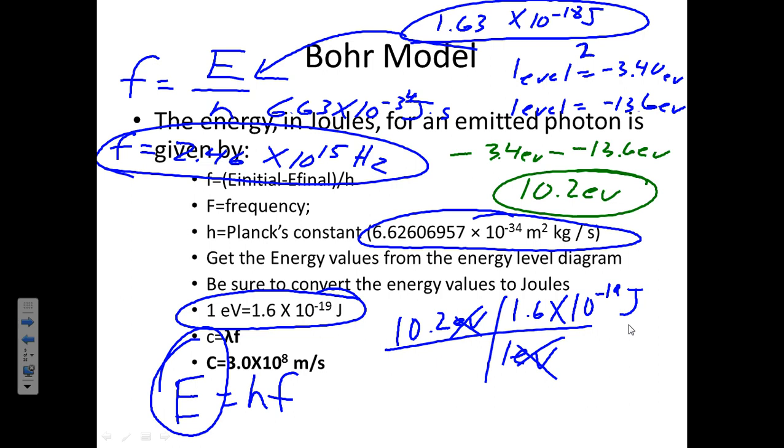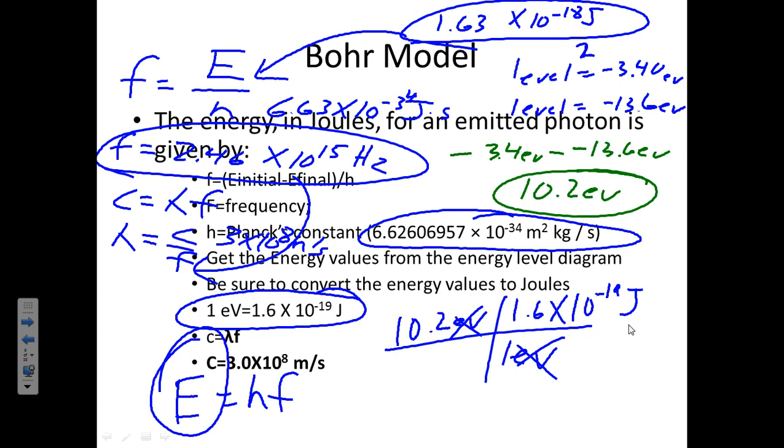One other thing they might ask is to find the wavelength. This is a really important equation: c equals lambda f. We're trying to find a wavelength, which means lambda would equal c over f, where f is the frequency and c is the speed of light in a vacuum, 3 times 10 to the 8.